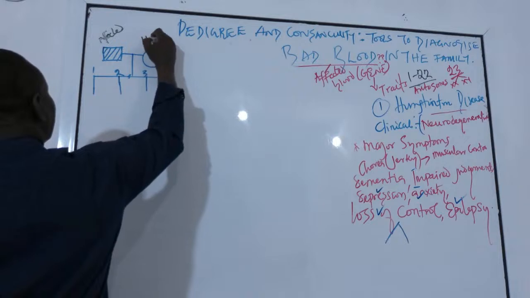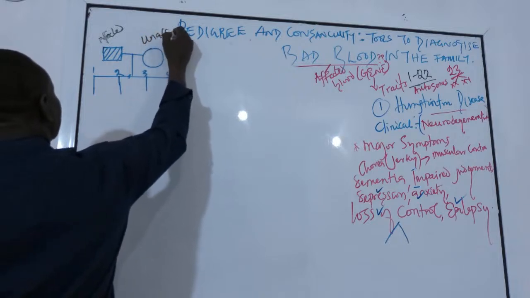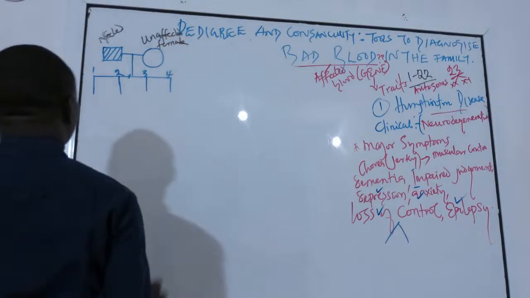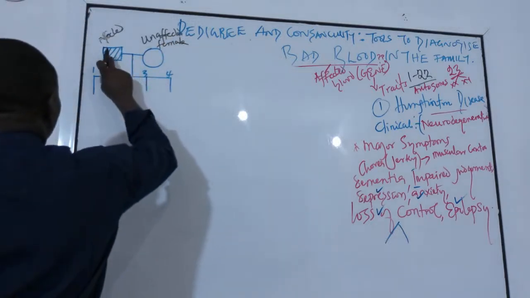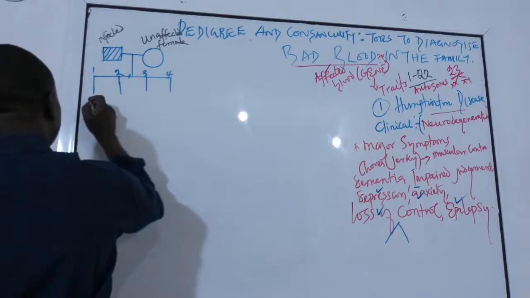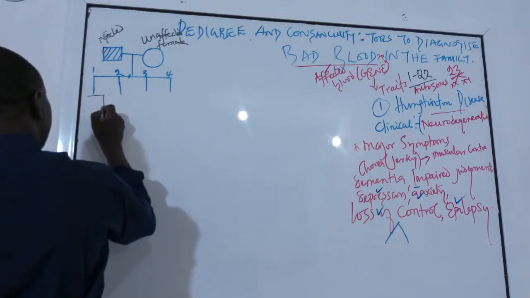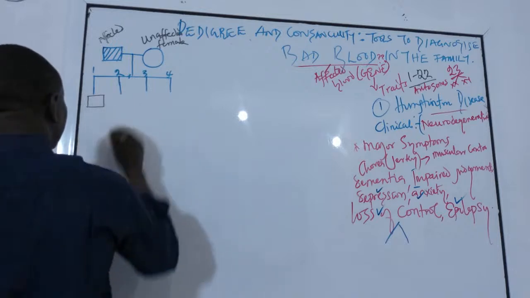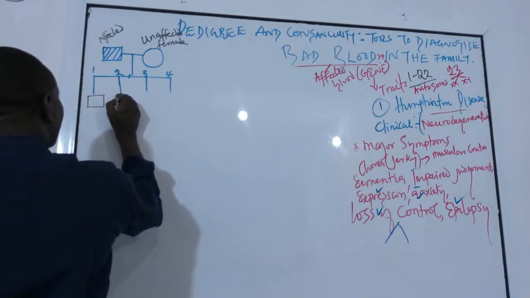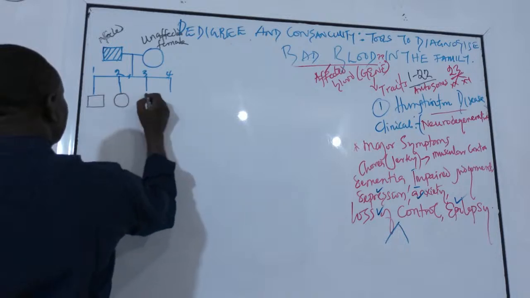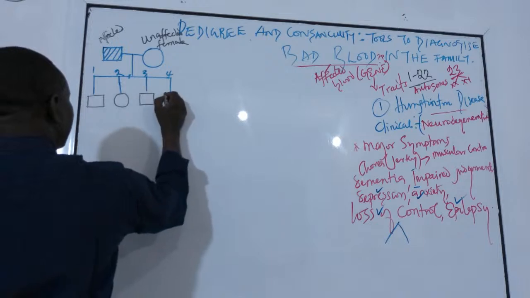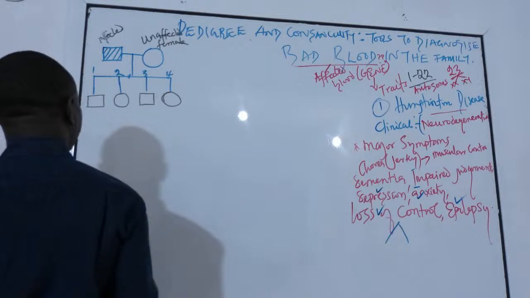So this is the unaffected female or mother. Okay, so this one has a 50% chance of passing it to his children, and it also has a 50% chance of being normal.